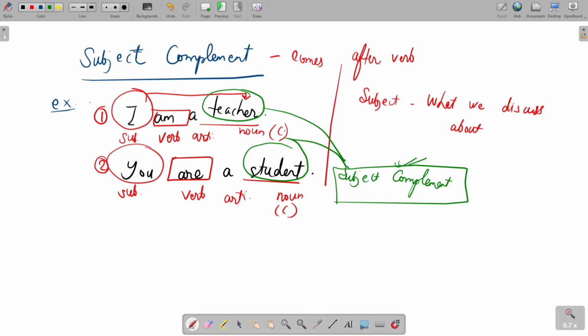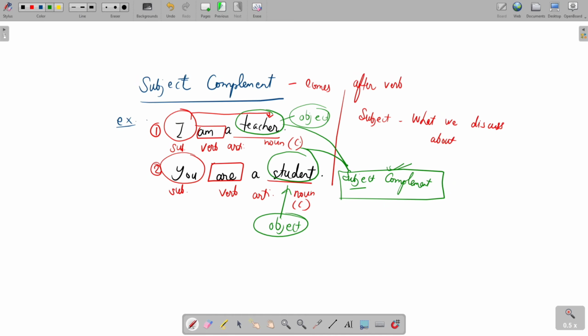The further concept will be like this: can we not say this is an object? Can we say that this is an object? Here teacher is an object, or here student is an object. Can we say this is an object? So the answer will be no. Let me clear it out for you.